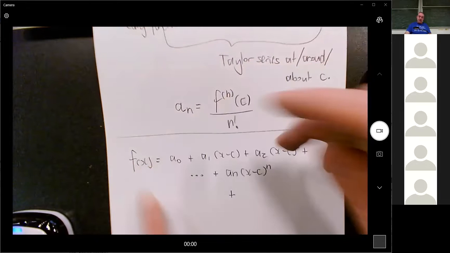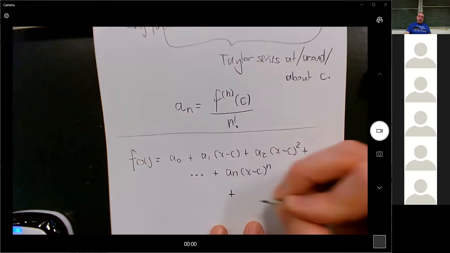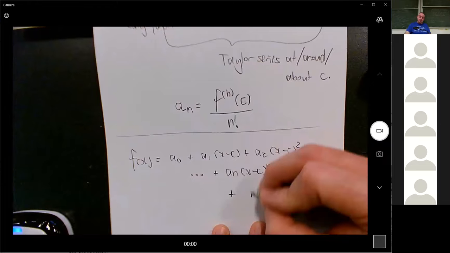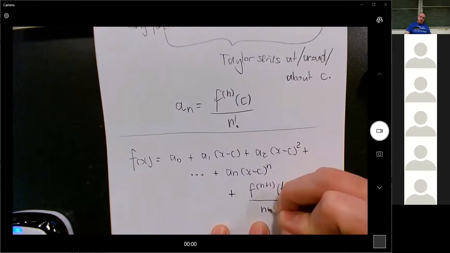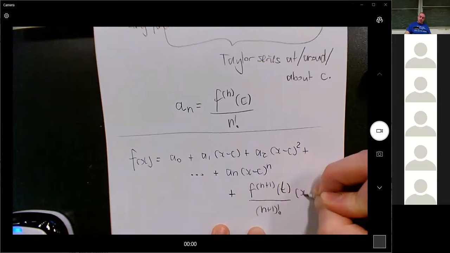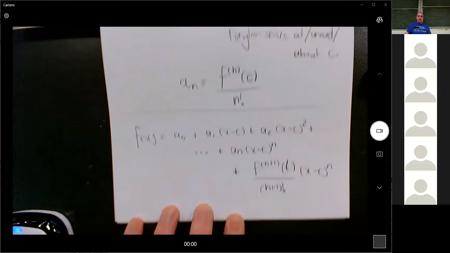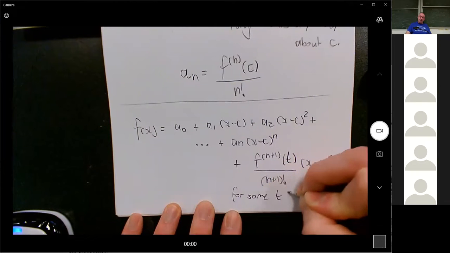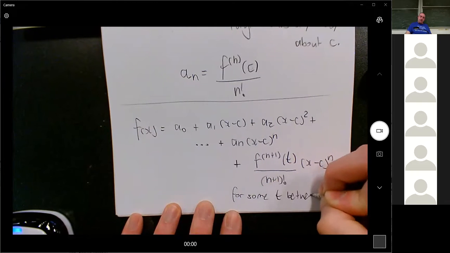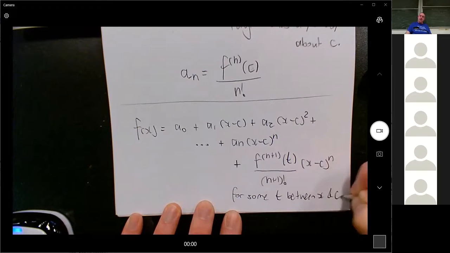This is Taylor's error formula, and it is for some t between the x and the c.